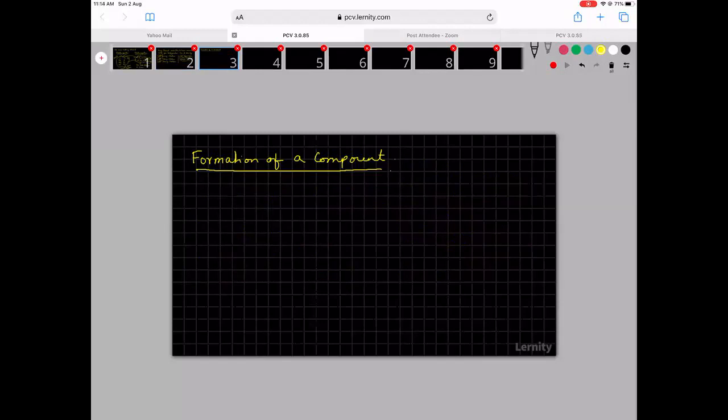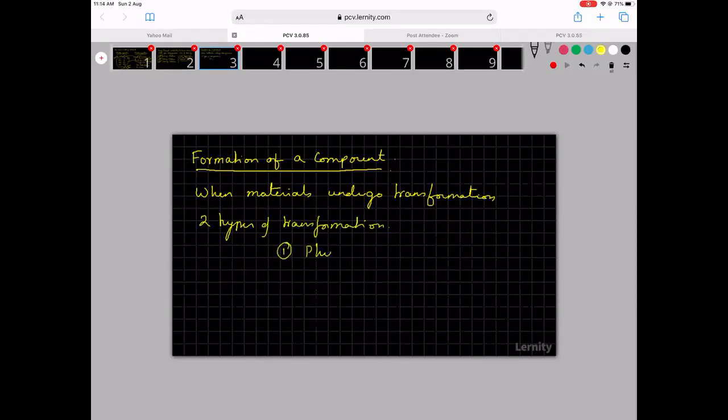Okay, when materials undergo transformation, there are two types of transformation. One is a physical transformation.